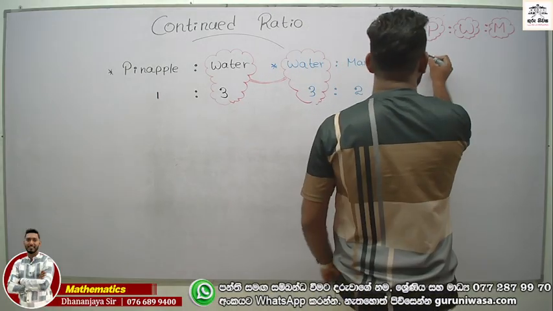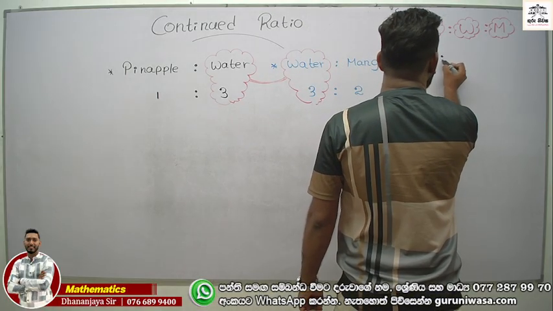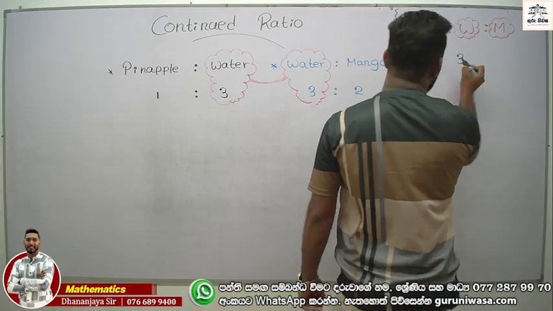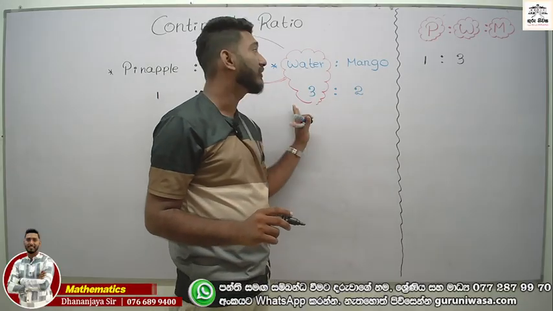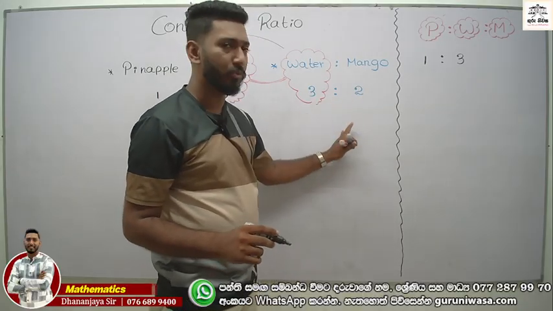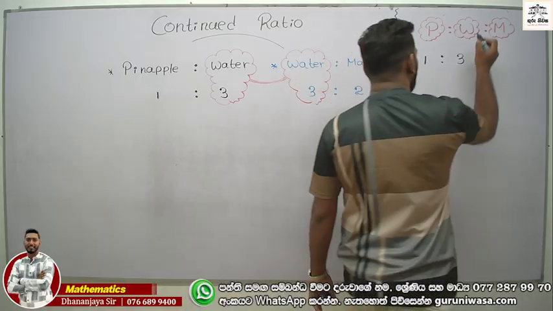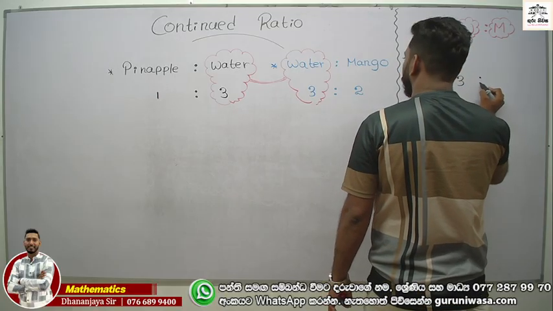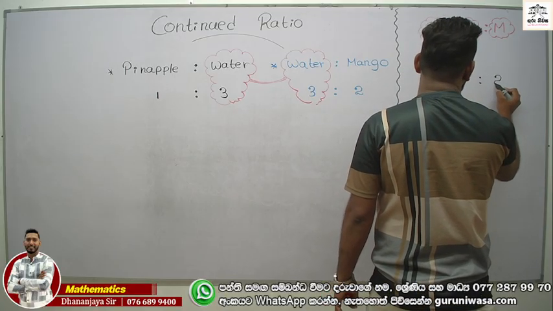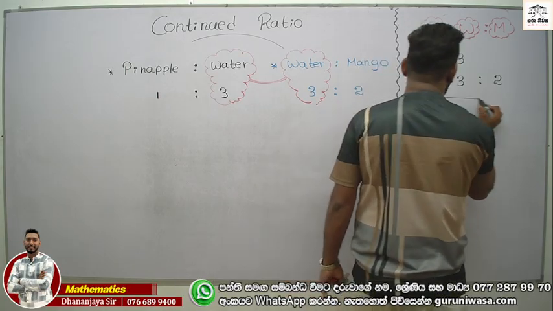Now I'm going to write it as 1 into 3. As well as water to mango, 3 to 2. Now I'm going to write water, it should be 3. And mango, it should be 2. Right. And this is the scenario.